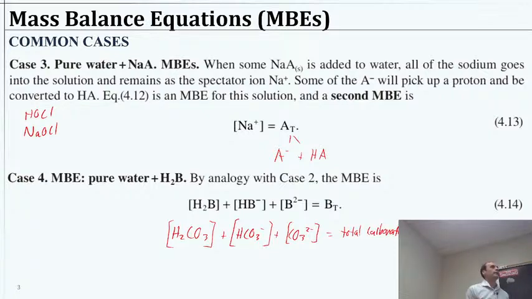So it's pretty self-explanatory. We just want to make sure that we are tracking each piece because we assume there will be at least some of each piece in solution. Now, once we go to apply this in more practical scenarios, we might say that, oh, at a very basic pH, we have practically zero of this carbonic acid because it just won't exist to much of any extent at a basic condition.